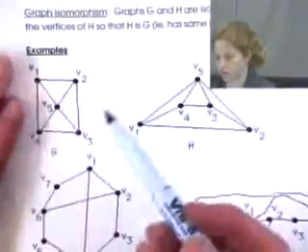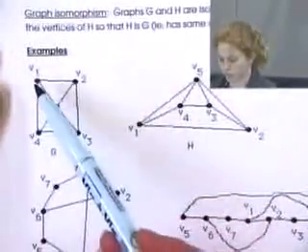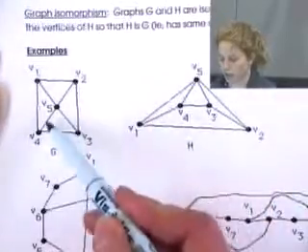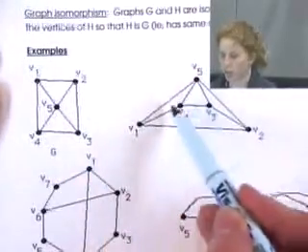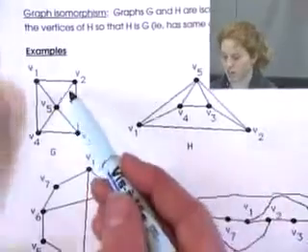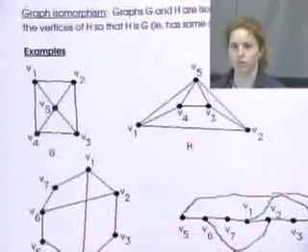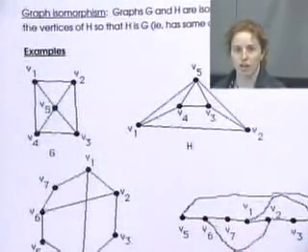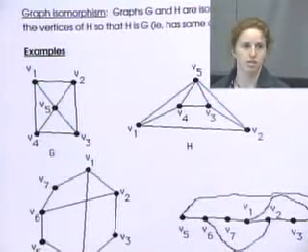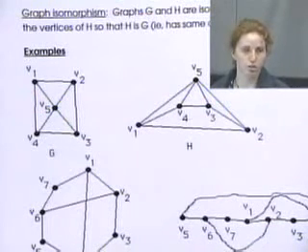In this case, if we take a look at these two, I can see that they are isomorphic if I look at this little triangle, V5, V4, V3. They're the same in both pictures. Then if I think about picking up V1 and V2, stretching them down over the other triangle and making it bigger, you can see that these two things are isomorphic.